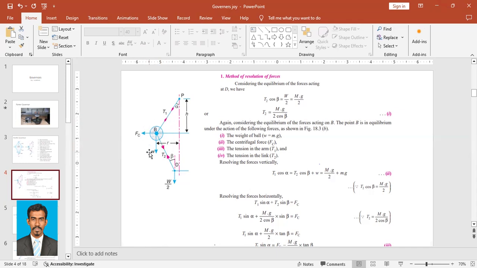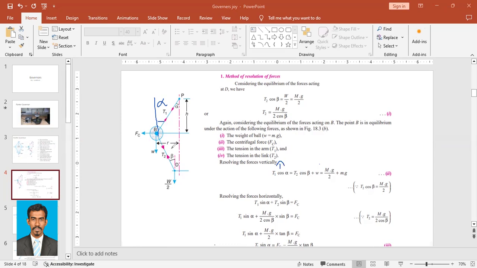Now resolve it by taking vertical and horizontal components of forces. First we'll see the vertical component. T1 cos alpha is equal to T2 cos beta plus W. If there is alpha, this is also alpha, so T1 cos alpha is acting upwards.